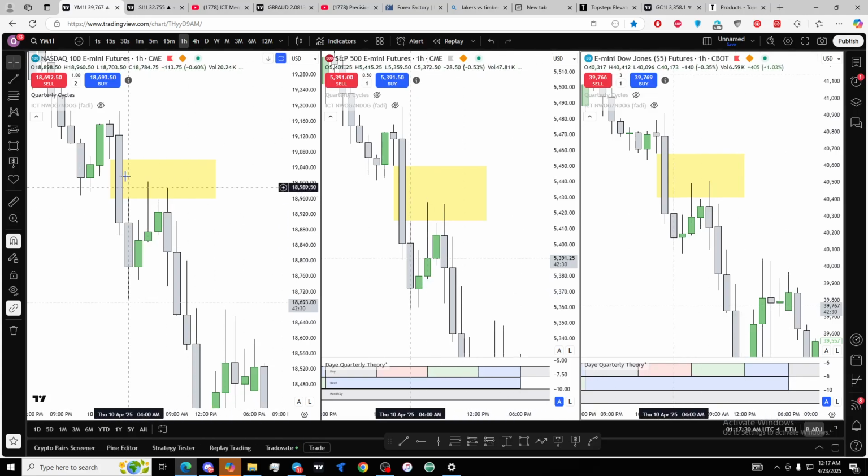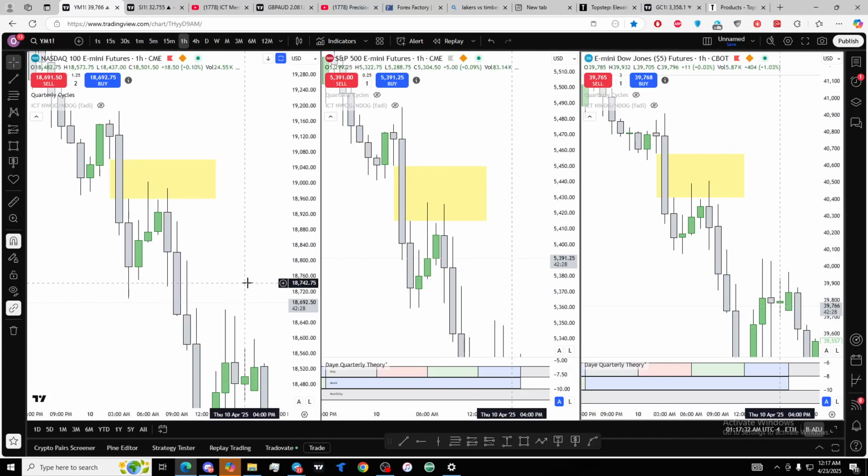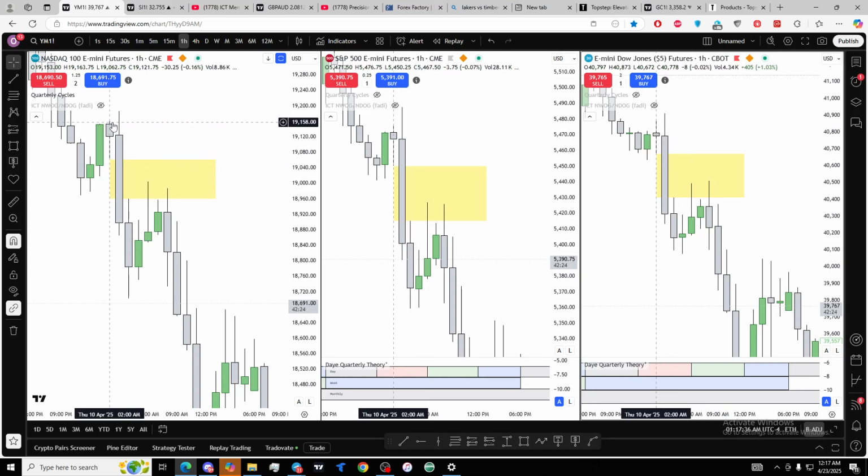Now we have completed step 1 of the process, finding what is called a fair value gap, which is a 3 candle pattern. We have the first candle that created the high, the low, then we have the second candle that traded away from this low of the first candle, created a low, close, then we have this third candle that created a high, low, and then close.